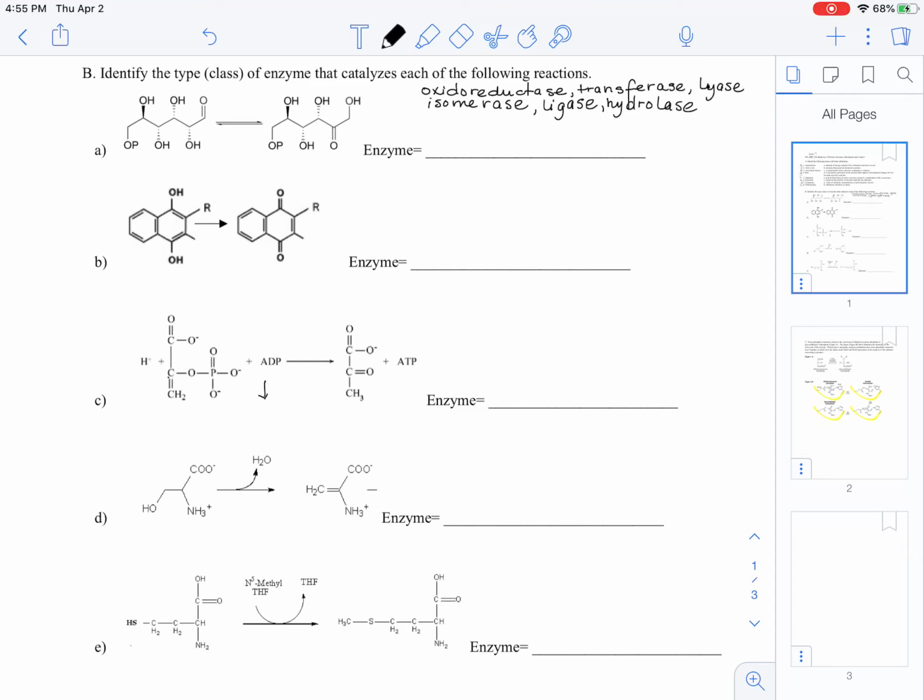Let's start with problem A in part B. Looking at both substrate and product, by counting the number of carbons, oxygens, and hydrogens present in the molecule, you can see that they have the same chemical formula.